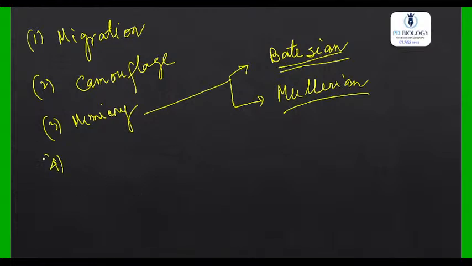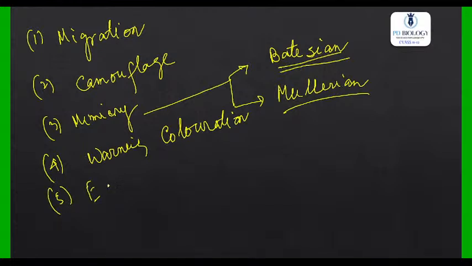There is another way of animal adaptation, that is warning colorization. Another adaptive feature is echolocation, that is the whale echolocation.